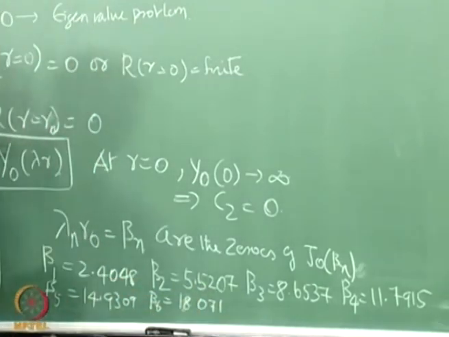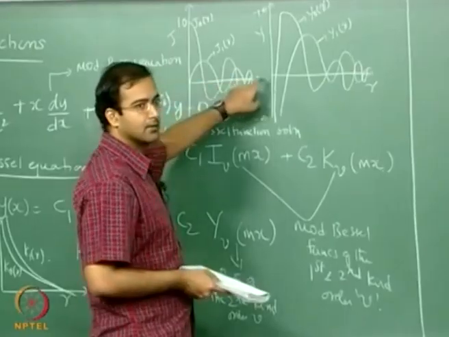So these are the first 6 zeros corresponding to the value of lambda into r naught.